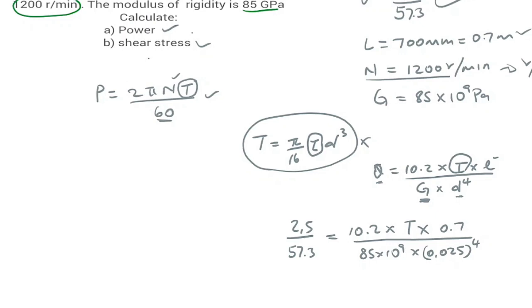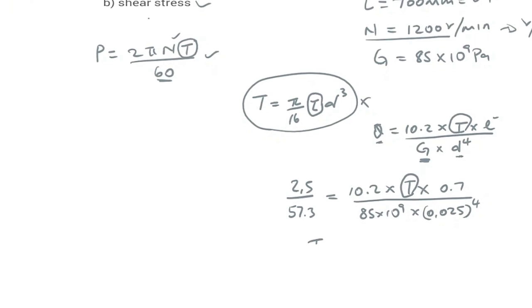Here we've got only this unknown. So when you solve all this, it's going to give you torque to be 202.8, with units for torque.